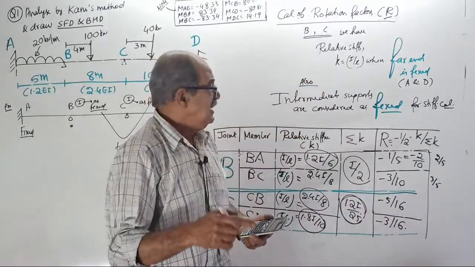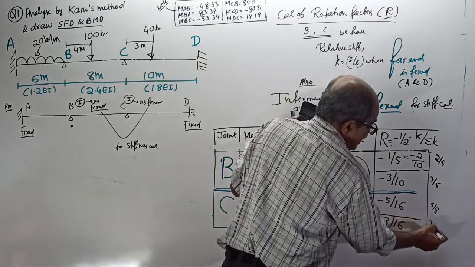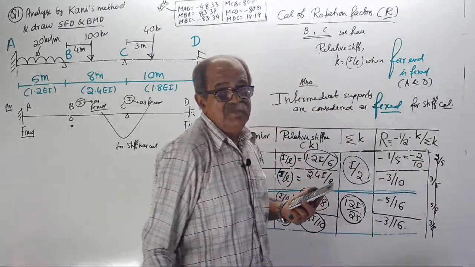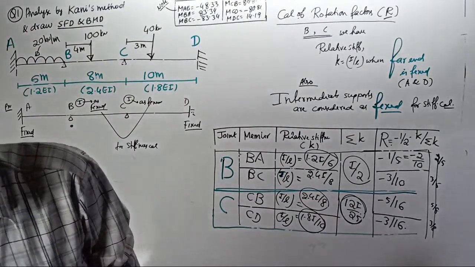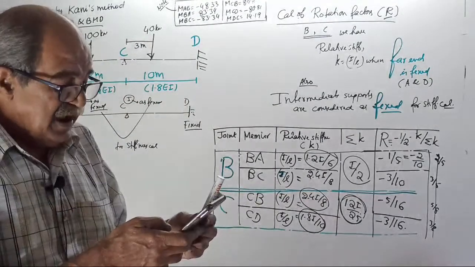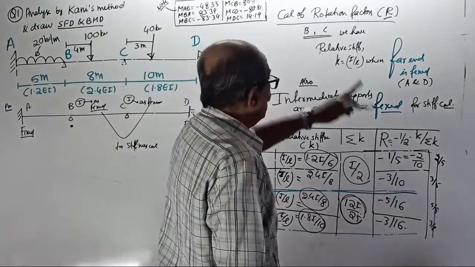If you remember, in MD method, you got 5 by 8 and 3 by 8. The 8 became 16. Tell me, correct or not? Correct? Okay, done. This will complete the rotation factor.